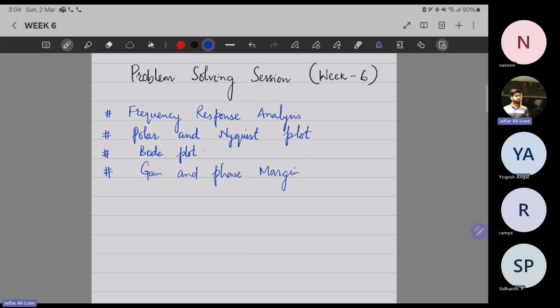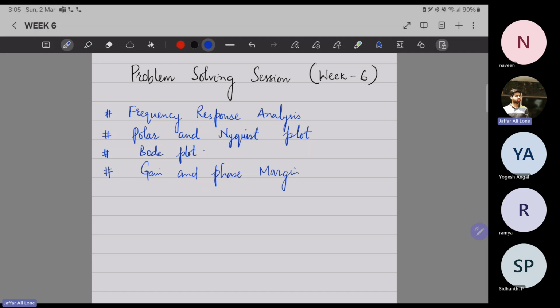For example, if you require a faster response, then maybe you need a system with lesser rise time. But if you don't want any overshoot and you're okay to compromise with a slower response, then there's a trade-off between the overshoot and the rise time. Based on those specifications, you are able to identify which system is good for your application.